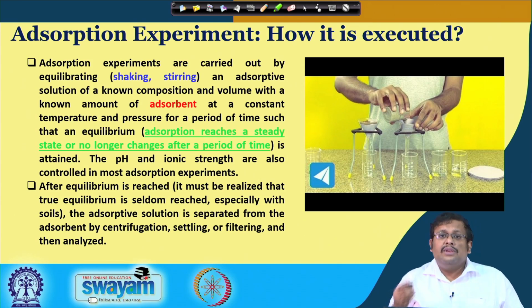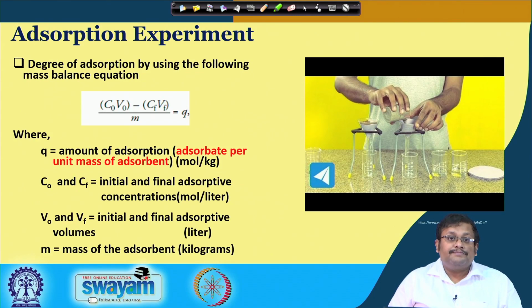Then we measure the particular ion concentration, and from there we can calculate the amount of adsorption. The degree of adsorption can be calculated by using the following mass balance equation.